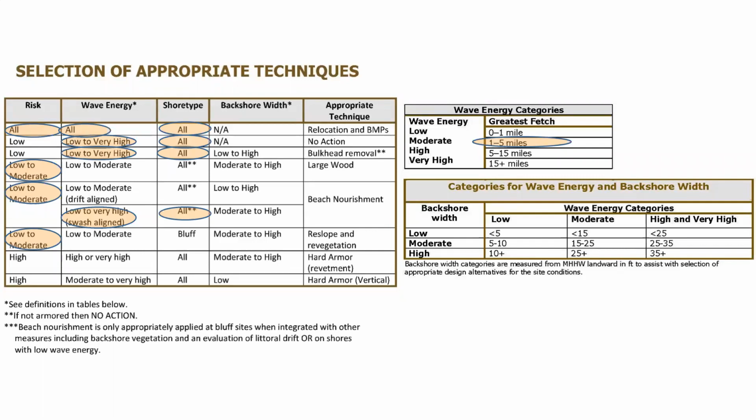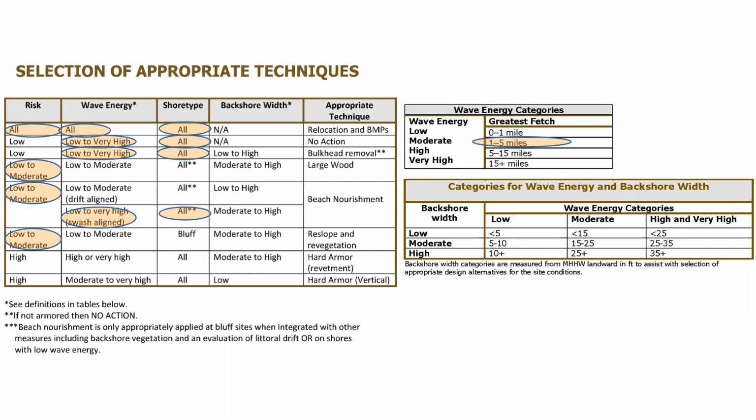The way we use that tool, we start with the wave energy category that we just figured, and then we look to the column that corresponds with that wave energy. Within that column, we see the series of distances, setbacks, and that's in feet. And so we pick a setback at our site that matches or fits into one of those categories.